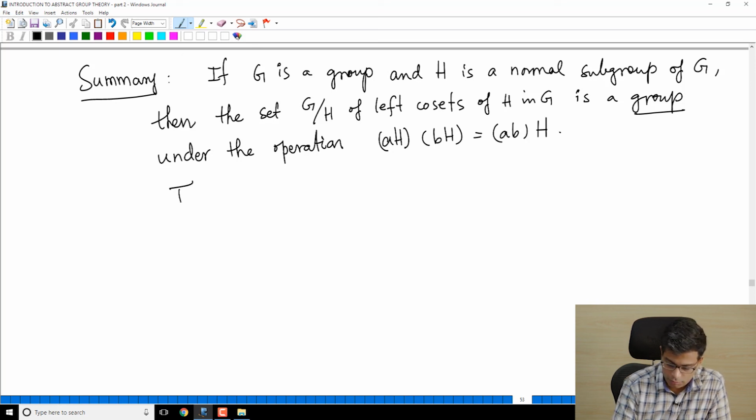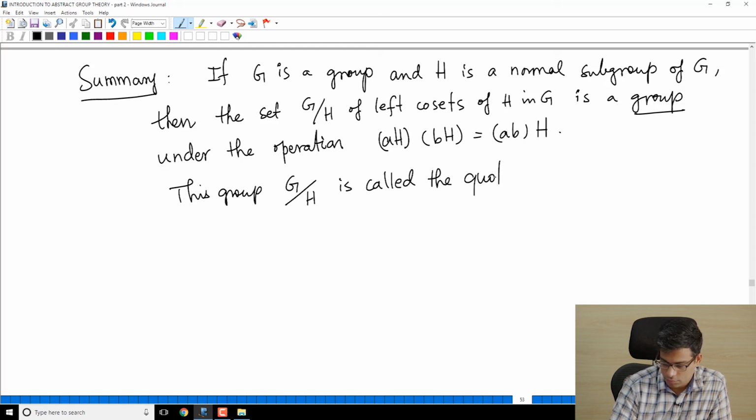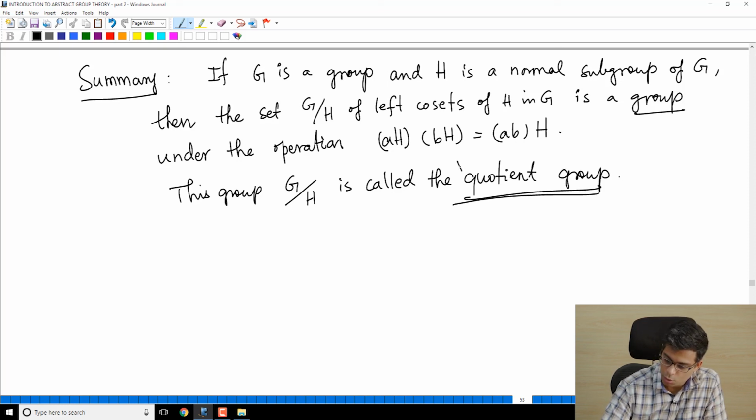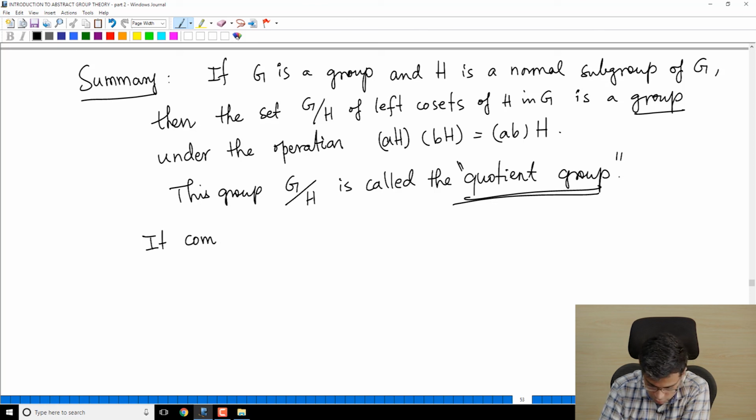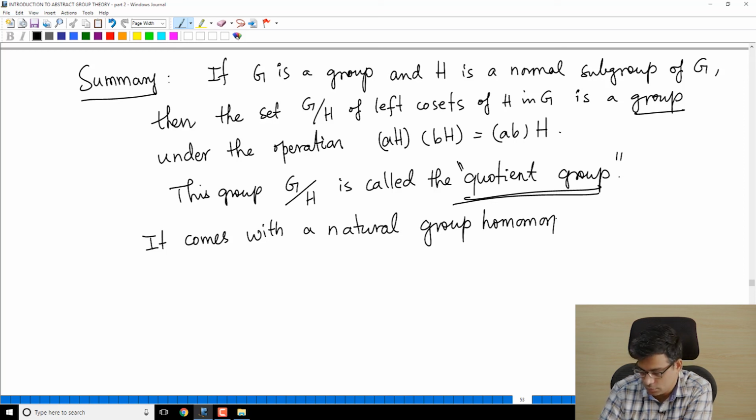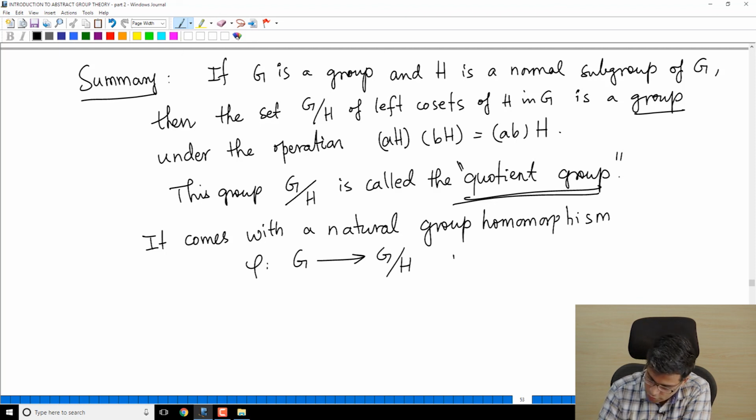Okay, this group G mod H is called the quotient group, the quotient group associated to G and H. It comes with a natural group homomorphism phi from G to G mod H, and we have checked that phi is a group homomorphism, right?